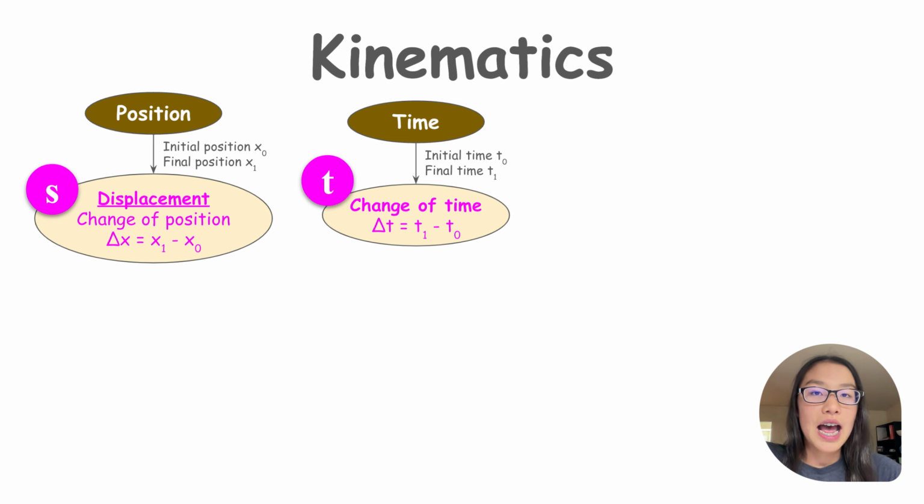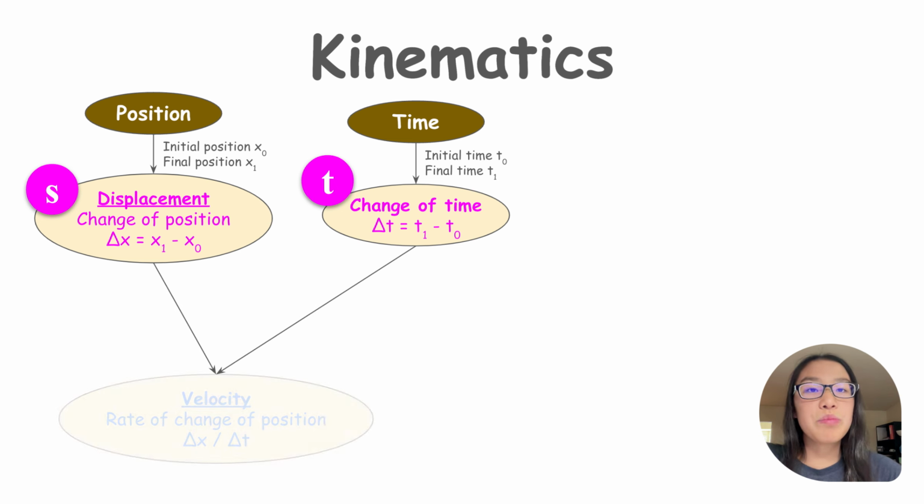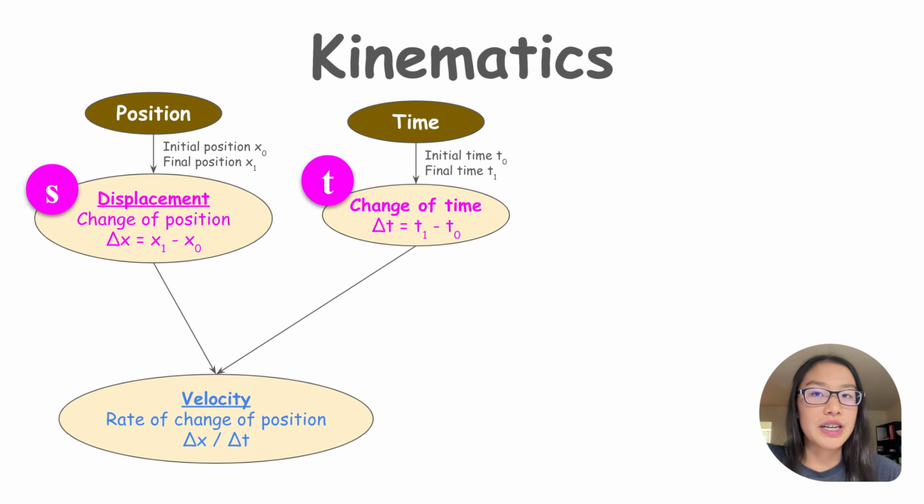With the change of time and the change of position, we can figure out another important physical quantity, the rate of change of position, defined as delta x divided by delta t. It tells us how quickly the position is changing over time, which we often refer to as velocity.